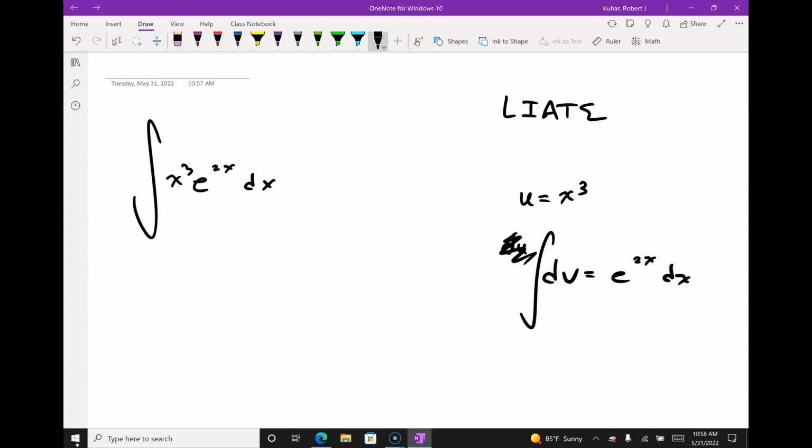And we're going to integrate that, but I need a u sub to integrate it, right? So I'm going to get a factor of 1/2 out here and a factor of 2 inside. If I let u be 2x, then du is 2 dx, correct?